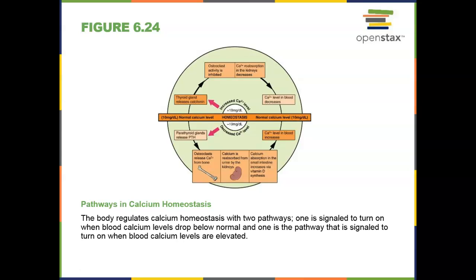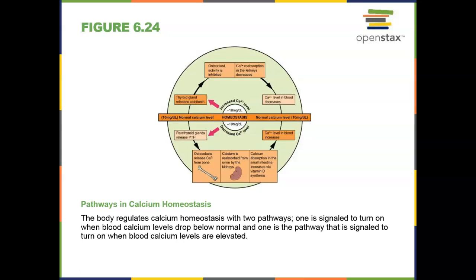This increases the amount of calcium we keep in our system. Inversely, if we're increasing calcium, we need to decrease phosphate. And so when we break down the calcium phosphate from our bones, the phosphate is going to be excreted from our body.